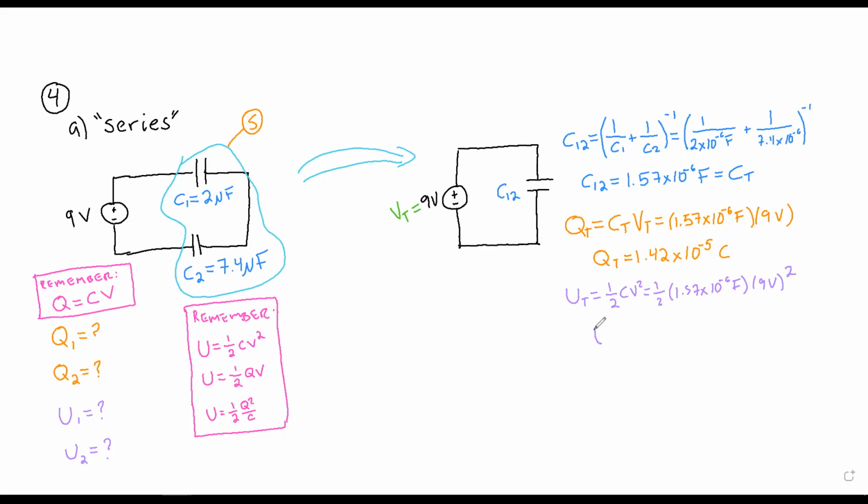And that total energy is equal to how much? 6.36 times 10 to the minus 5. What are the units? Joules. Joules are the units for energy.